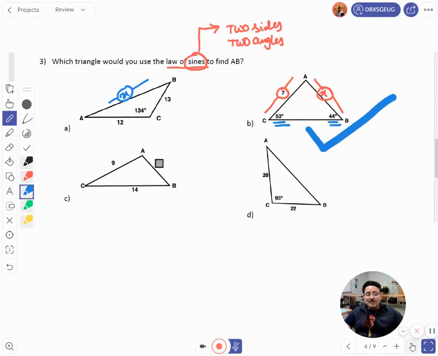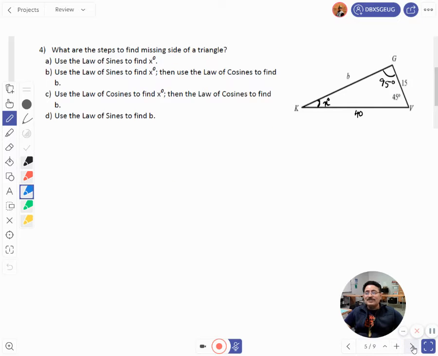Okay, so let's go to the next question. This is almost similar to the previous question. What are the steps to find the missing side? Missing side, okay, I have to be a little careful while identifying and reading.